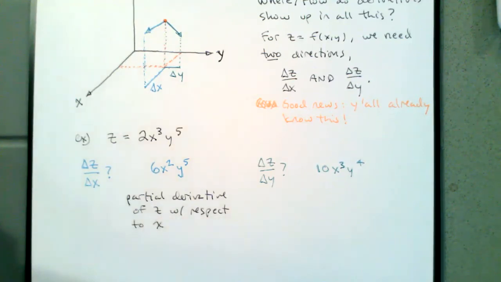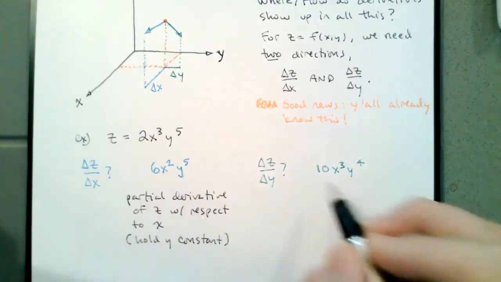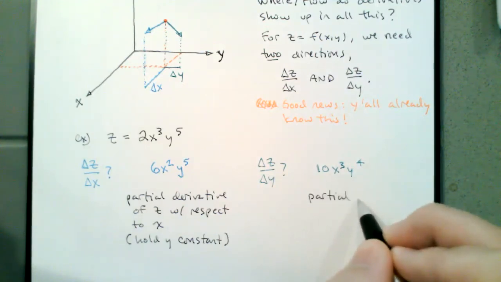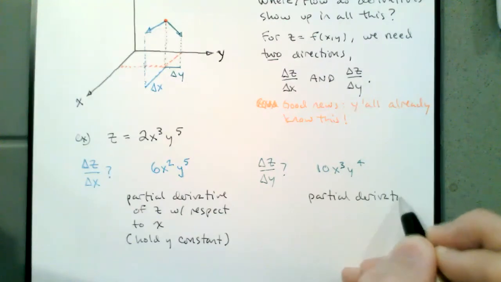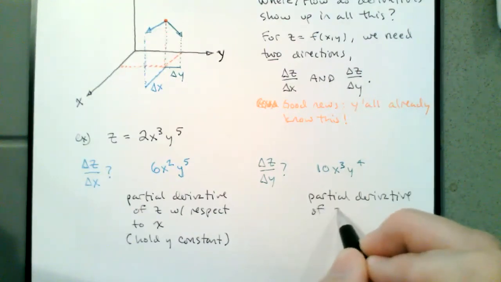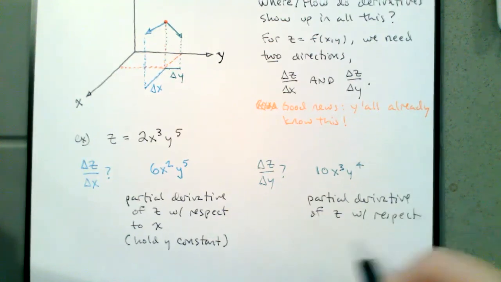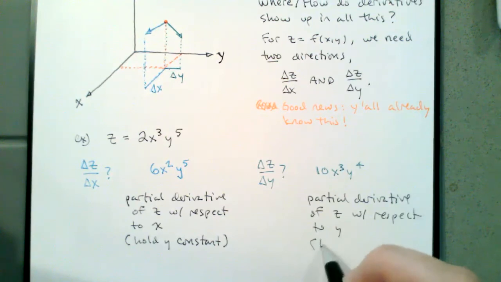We take the derivative with respect to x and hold y constant. And then over here, 10x cubed y to the fourth will be the partial derivative of z with respect to y. We're holding x constant.